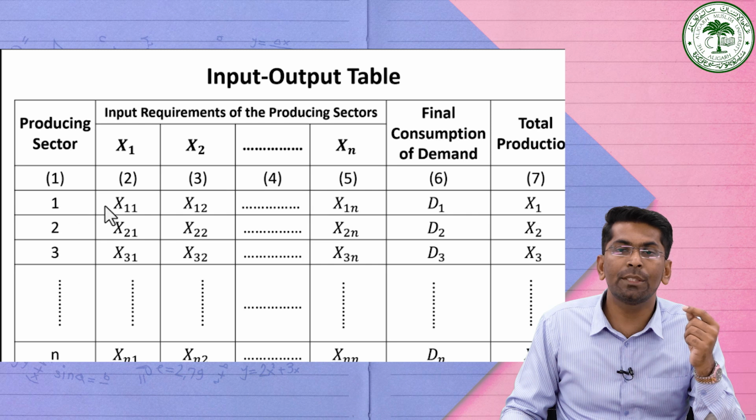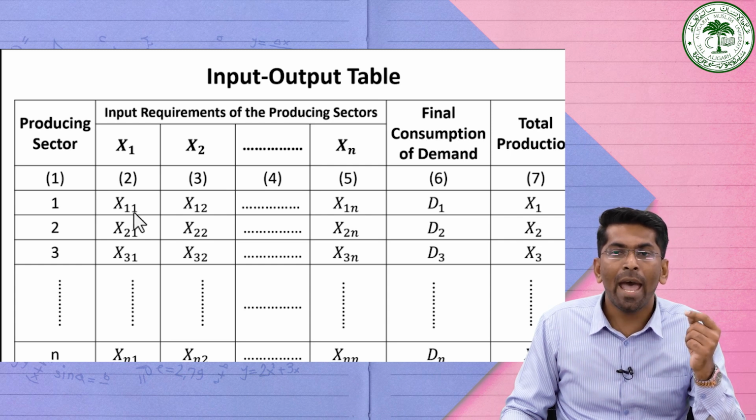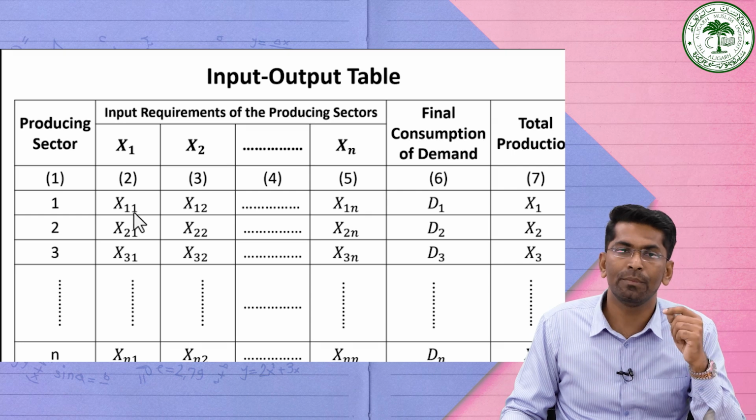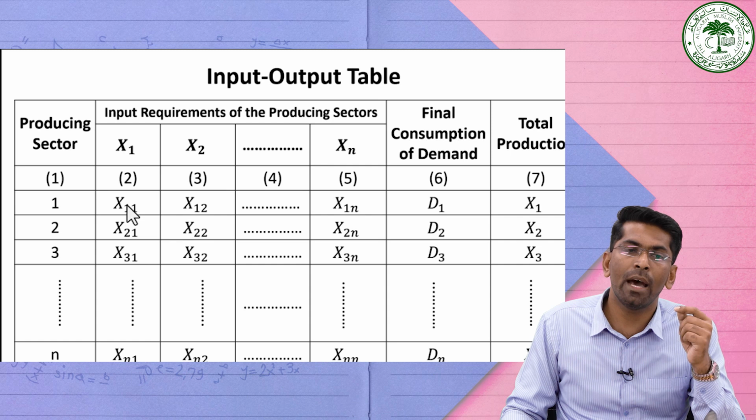Here X1 is the amount of the total output of the first producing sector, and X11 is the amount of output used by the first producing sector as input for itself. It is the output of the first sector and how much they use as input for producing the same sector.